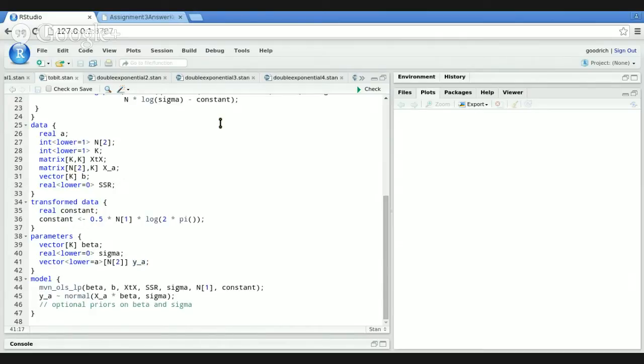And the very important point of this is this vector is declared with a lower bound of a. So all the values that Stan is going to propose for this vector will be at least as big as the threshold in log terms.